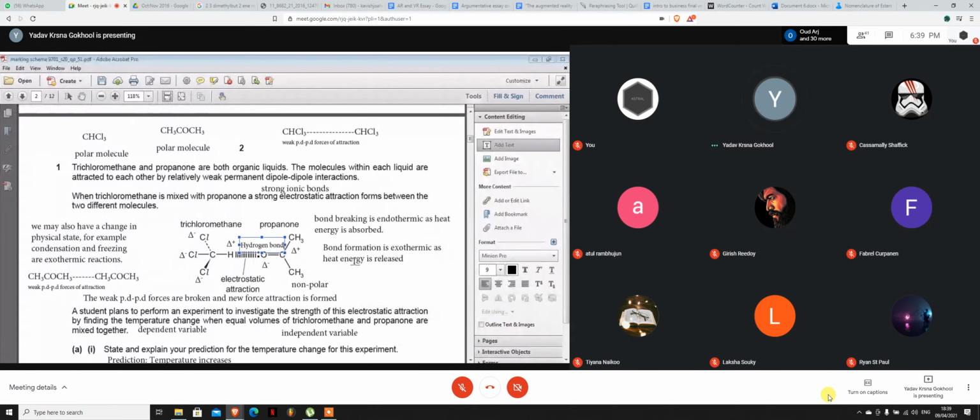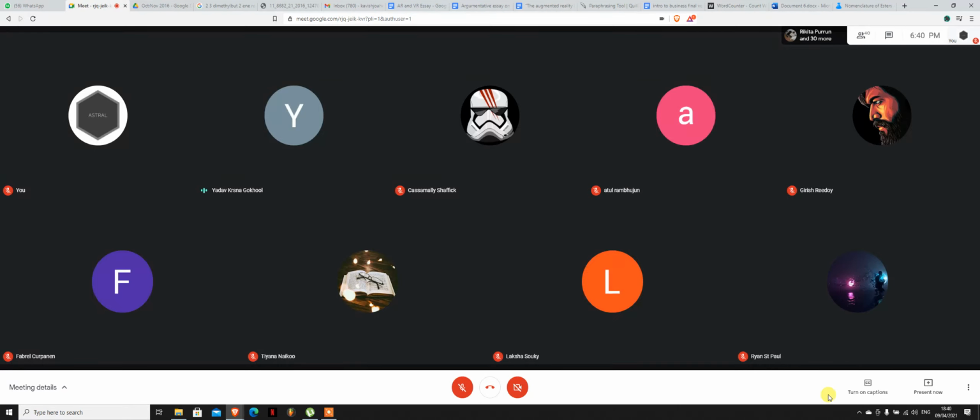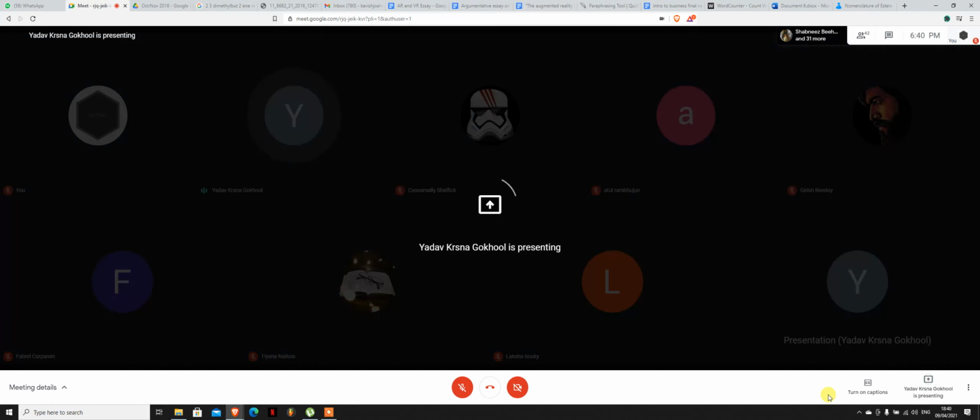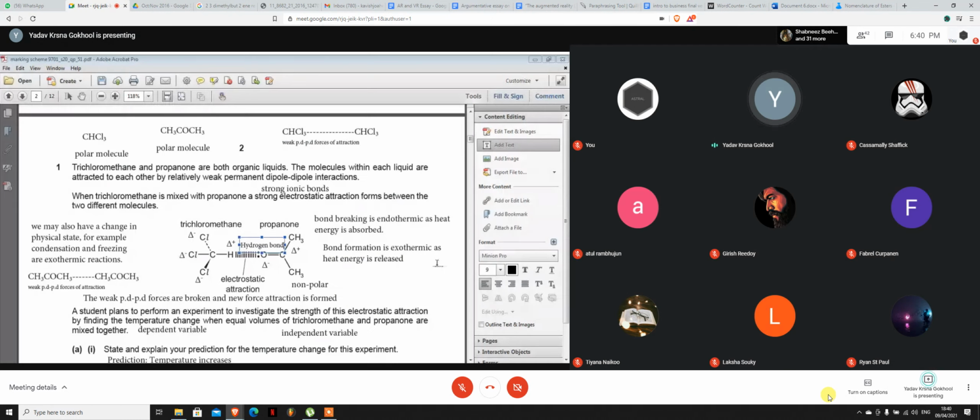Okay, here. So we have the breaking of the weak permanent dipole forces of attraction, and we have the formation of stronger hydrogen bonds. So when the weaker bonds are broken, it is endothermic, and the new stronger hydrogen bond which is formed, it is exothermic.